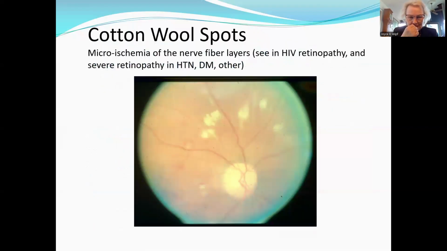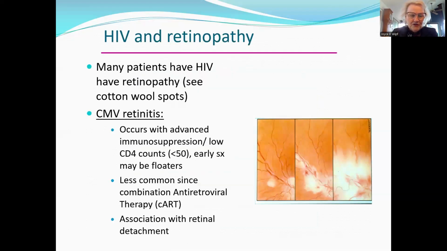Cotton wool spots, again, we've talked about this before, are microischemia of the nerve fiber layers. HIV retinopathy is one of the conditions where we see that, and other conditions we've discussed earlier are hypertension, diabetes, and others. So many patients with HIV have retinopathy, and CMV retinitis occurs with advanced immunosuppression, very low CD4 counts.